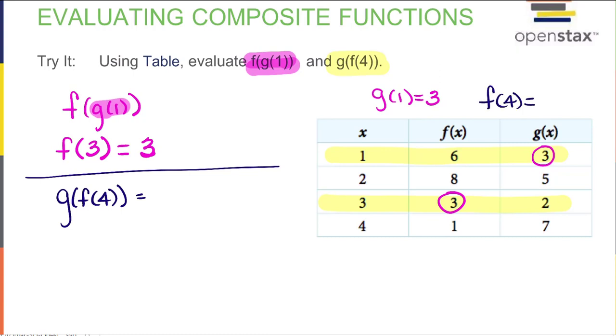So f of 4 is 1. So we're finding g at 1. And g at 1 is 3. All right, great job.